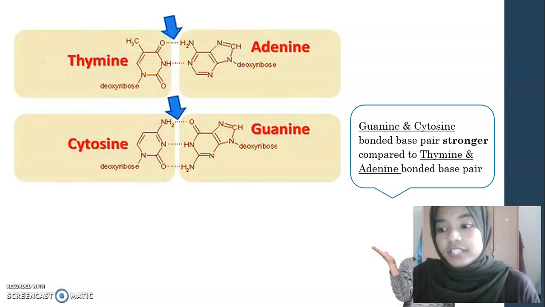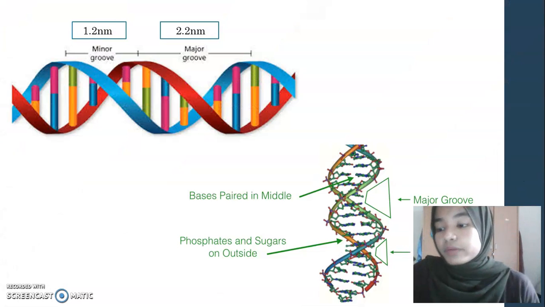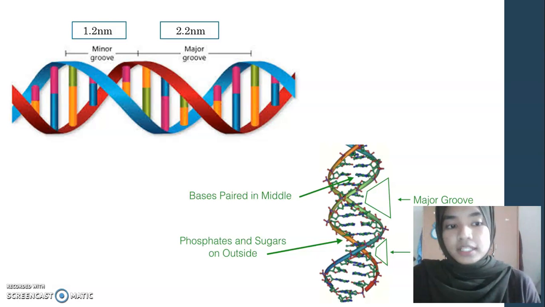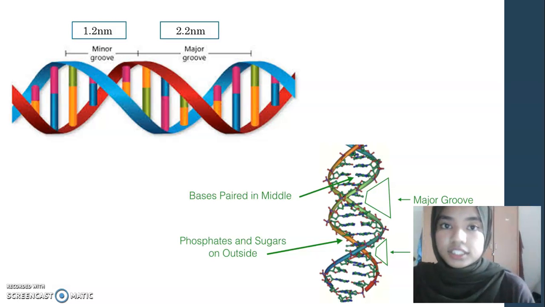Apart from that, the DNA helix has a shallow groove called the minor groove, which is equivalent to 1.2 nanometers, and also a deep groove called the major groove, which is equivalent to 2.2 nanometers across the DNA.